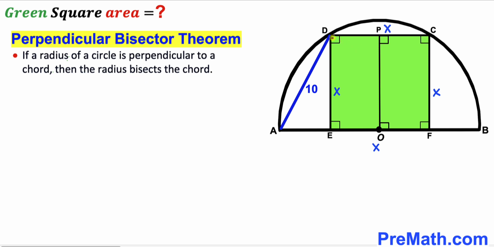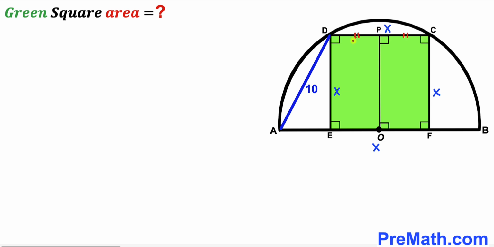So we can see that this segment DP is equal to this segment PC. P is the midpoint. And we know this whole chord CD is x. Therefore this segment DP is going to be x divided by 2, and likewise this segment PC is going to be x divided by 2 as well.